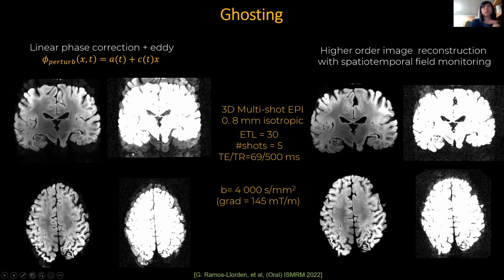You can see that even more clearly when you window very narrowly. Whereas using our higher order image reconstruction with the information from the spatiotemporal field camera monitoring, much of that ghosting can be accounted for or fixed by accounting for these spatiotemporal variations in the background field.